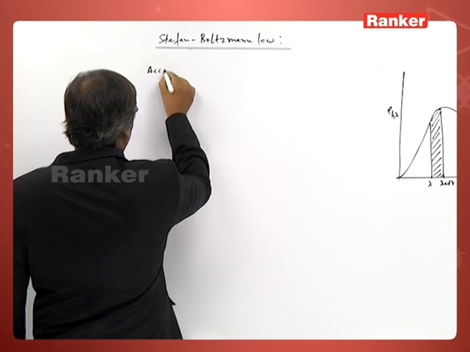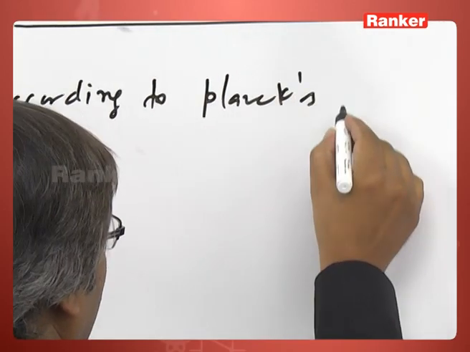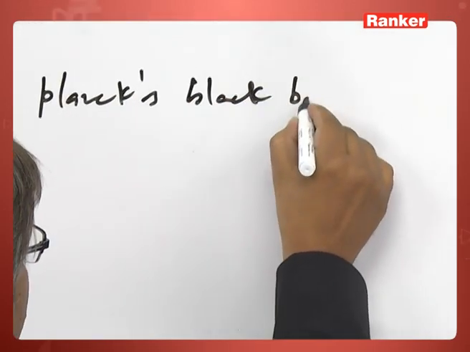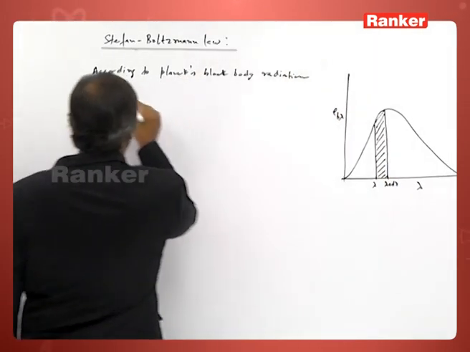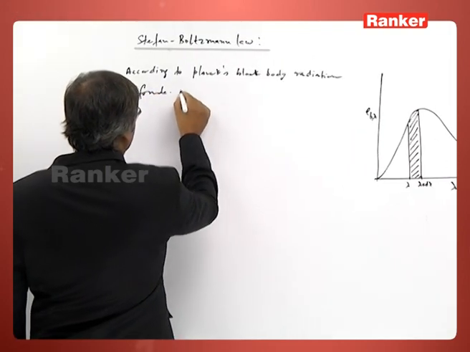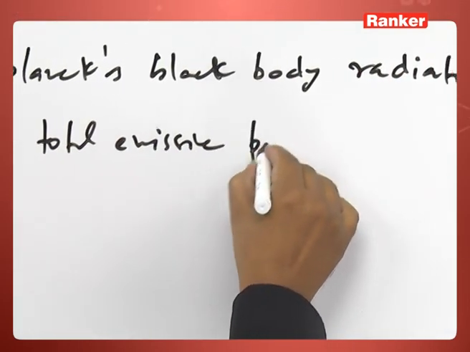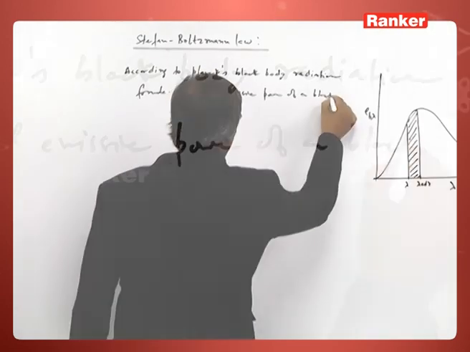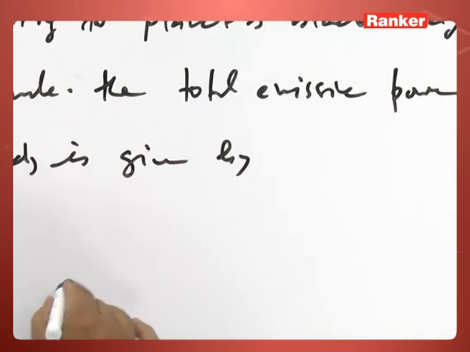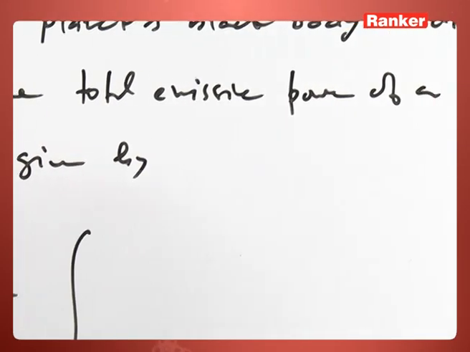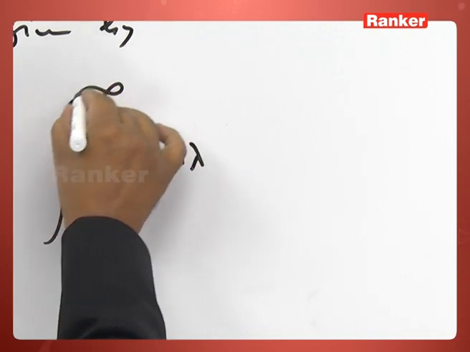According to Planck's black body radiation formula, the total emissive power of a black body is given by E equal to the integral of E b lambda d lambda from 0 to infinity.